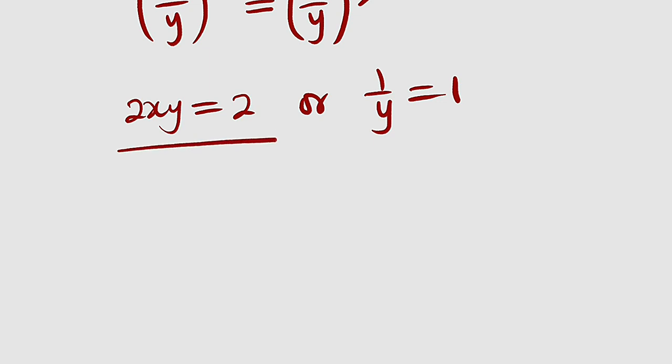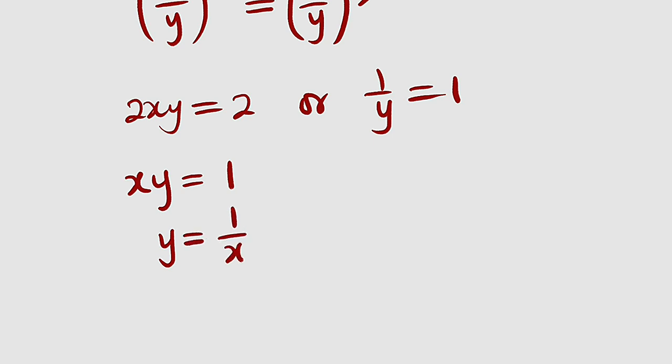From here, you can divide both sides by 2. You have xy equal to 2 divided by 2 equal to 1. We can divide both sides by x. We have y equal to 1 divided by x. What about the other one? You can just take the reciprocal of both sides. So you have y equal to 1.